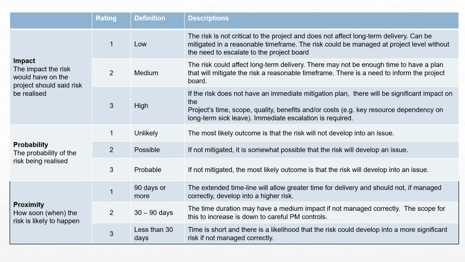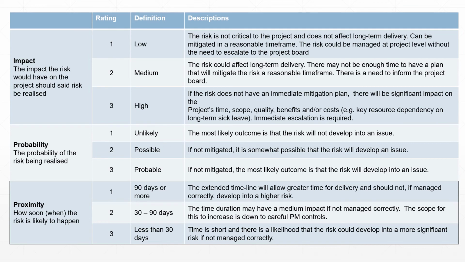Just as an example, the very first risk and issue scoring model that I showed you didn't have a breakdown, so it was a bit tricky, especially when there were no numbers. But even if you do have numbers, the next question would be, what does that number mean? When I choose 2 for probability, is it the same as choosing 2 for impact? And is it the same if I'm choosing 2 for proximity?